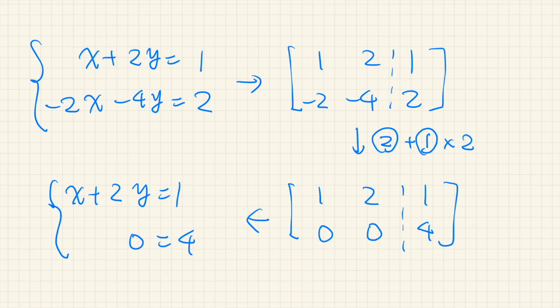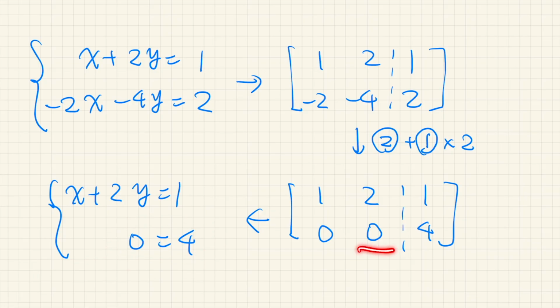And the last example is this set of equations, which can be translated into this augmented matrix. To the second row, we add 2 times the first row and we get this, which is in the reduced echelon form. And this matrix corresponds to these equations. But look at the second equation here.